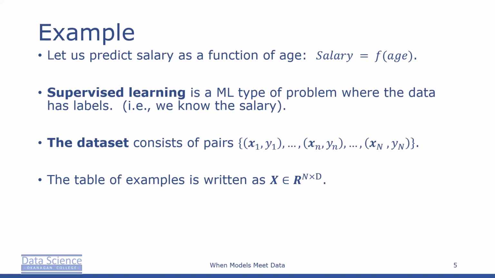The label, yn, has various other names, including the target, the response variable, and the annotation. A data set is written as a set of example pairs, x1, y1, x2, y2, up to xn, yn. And the table of examples is often concatenated and written as capital X in R^(N×D).